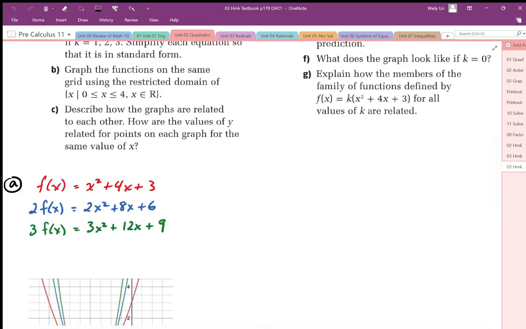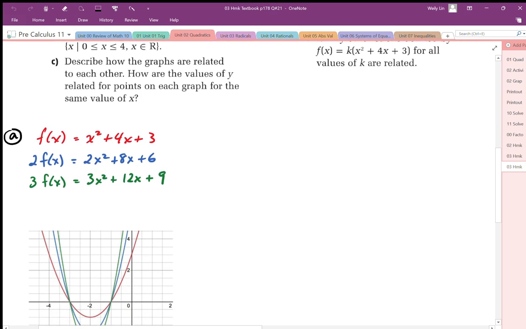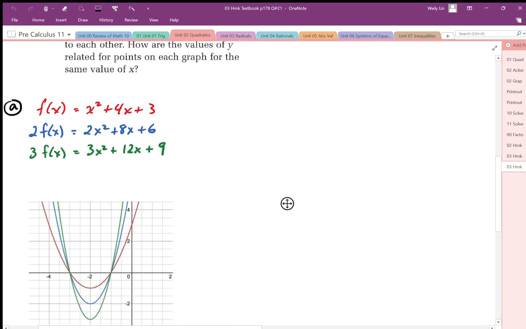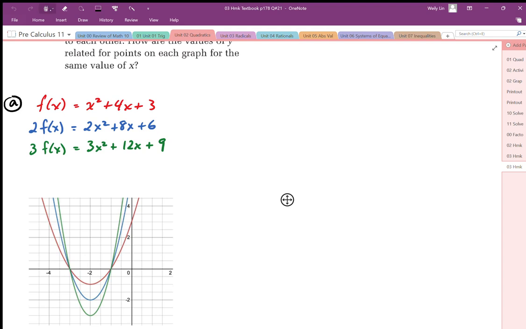Part C here says, describe how the graphs are related to each other. How are the y values related for the points on each graph with the same value of x? So I'm going to take a look at the x value when x is negative 2, and I get a y value of negative 1 here.